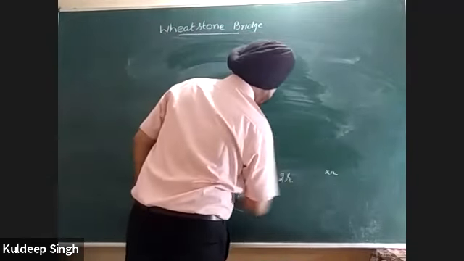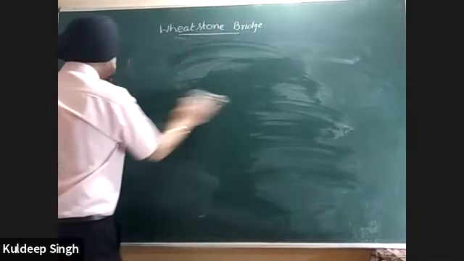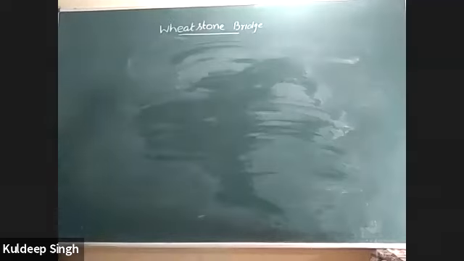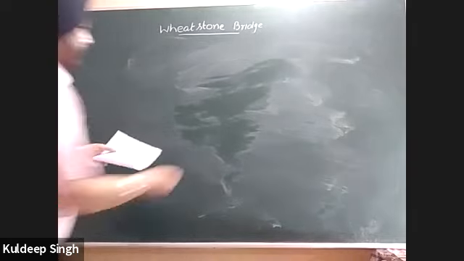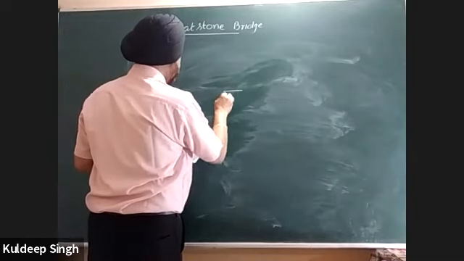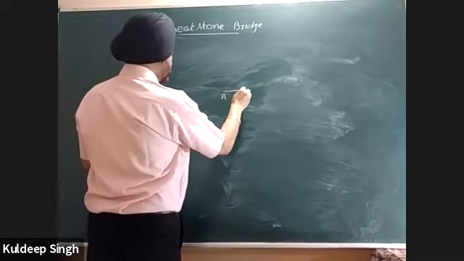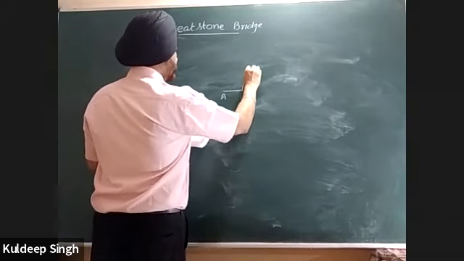Similarly, there is another numerical in which you find the Wheatstone bridge. That is very interesting. Point A, and here the resistances are connected in this way.